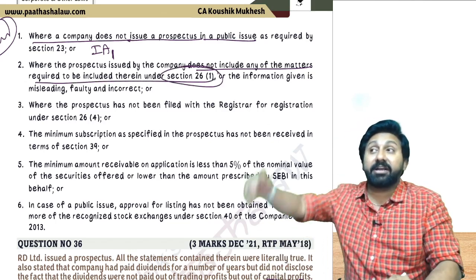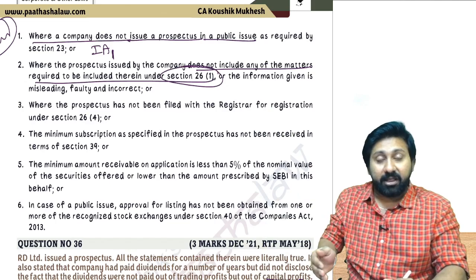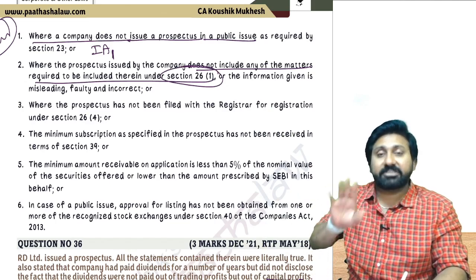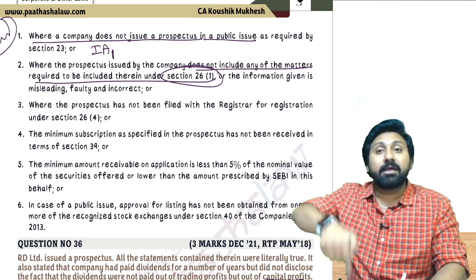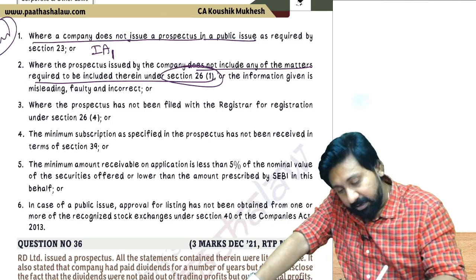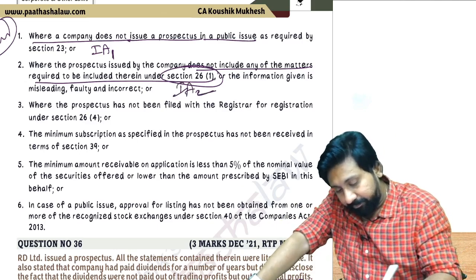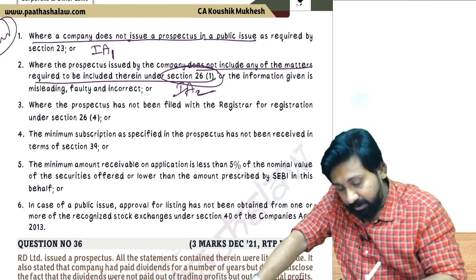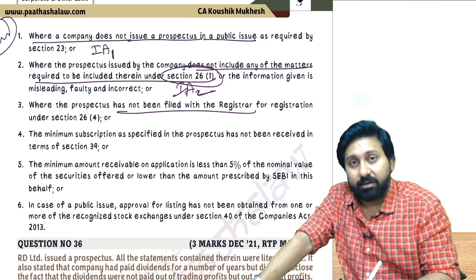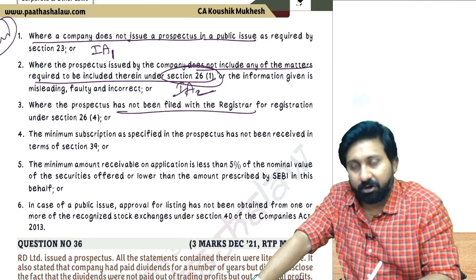Some details are given under Section 26(1); these are the information that should be there. The prospectus is given, but it does not contain the particulars required under 26(1). Irregular allotment 3: I gave a prospectus containing the information, but it was not filed with the registrar. Without registration, the company went for allotment.